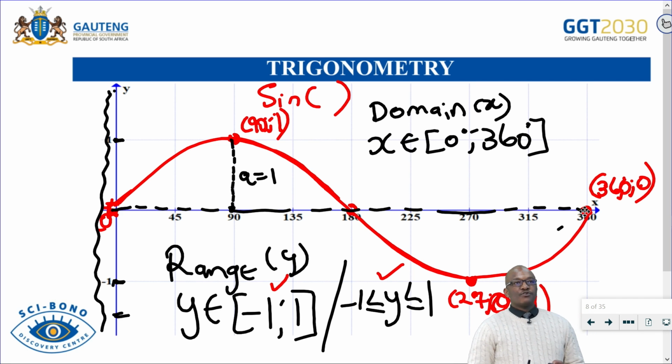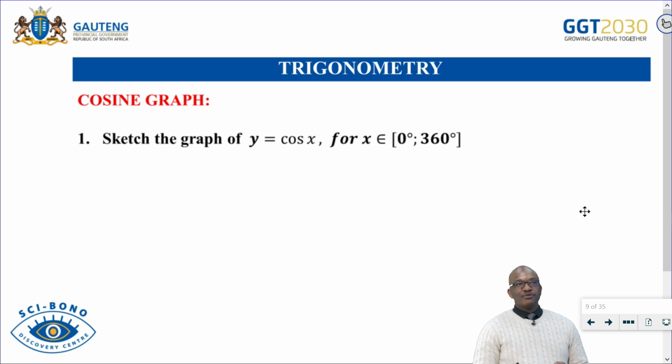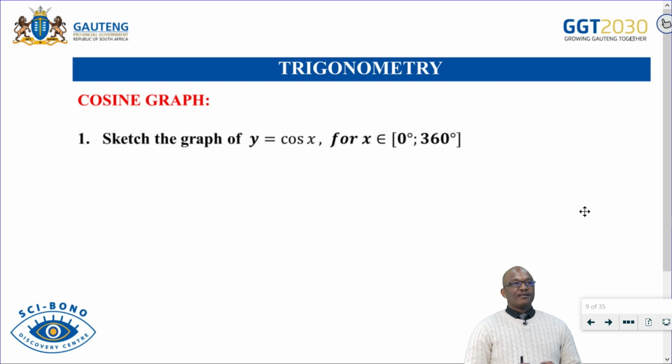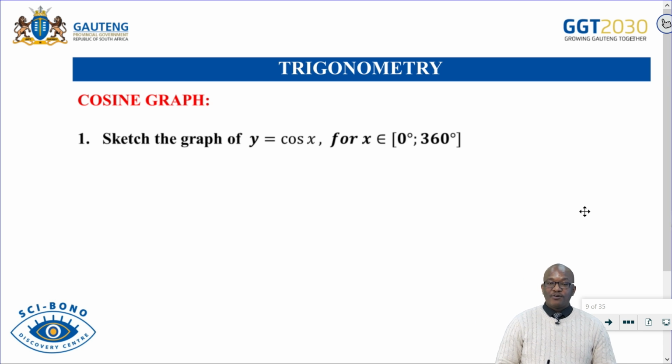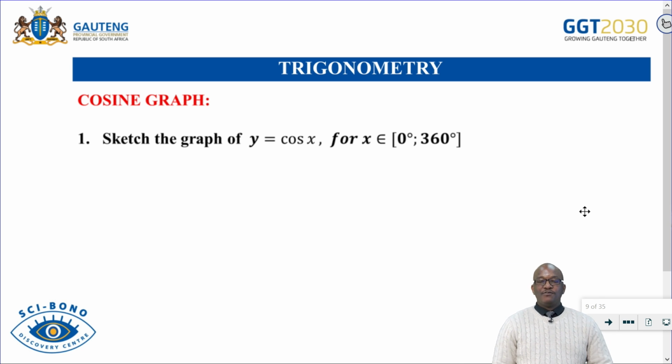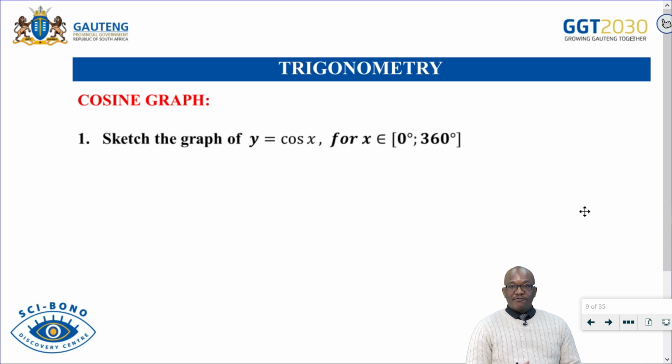Okay? So now when we move forward, we go to the graph of cos. Remember, the shape of cos is different from the shape of sine. Sometimes they will even give you the graph without the equations, so you need to identify the shapes correctly.